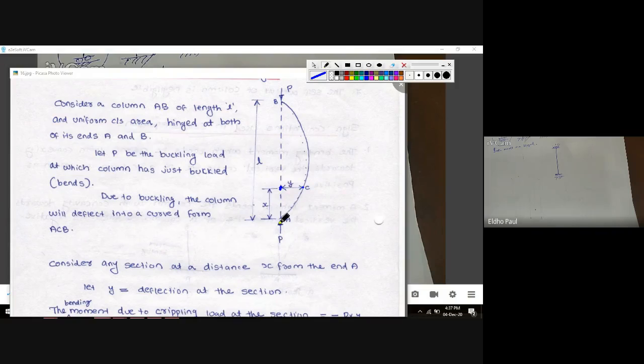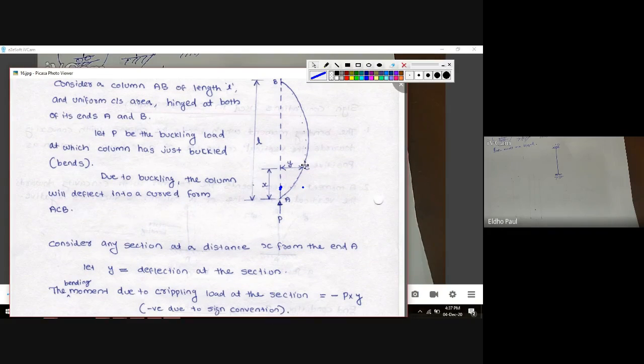That point C is at a distance X from one end. And after buckling, point C is displaced by an amount of Y. So this is X and this one is Y. Both ends are hinged. Its length is equal to L. Here Y is the deflection.